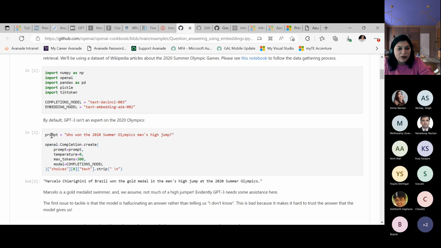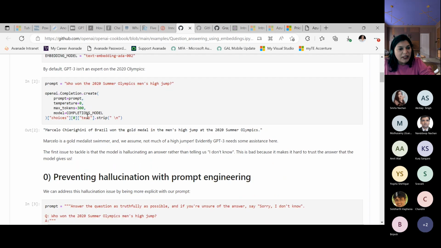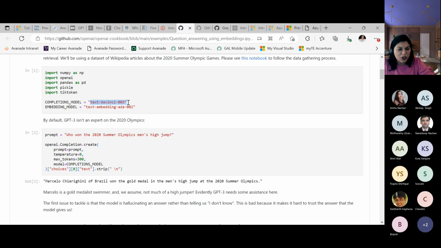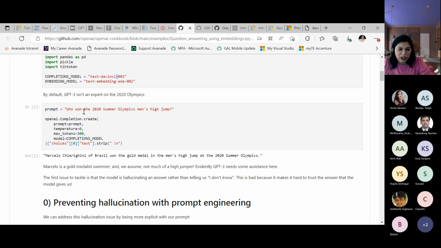So the question is the text which I'm passing, and I'm using the Text DaVinci 003 model. Text DaVinci 003 is currently the most advanced language model out there. Expensive, yes, but it's the most comprehensive, most complete large language model. So I'm using the Text DaVinci model, asking it a question, right?